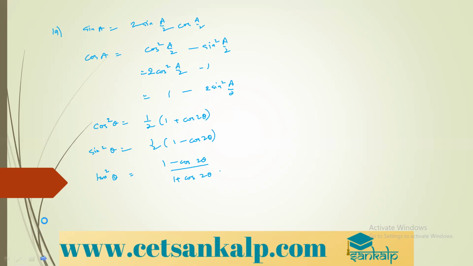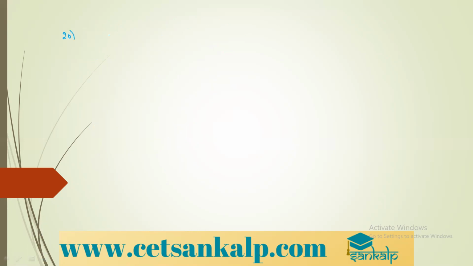Then next, some angle values. Sine 22 and a half degrees is root of 2 minus root 2 by 2. Cos 22 and a half degrees is root of 2 plus root 2 by 2.